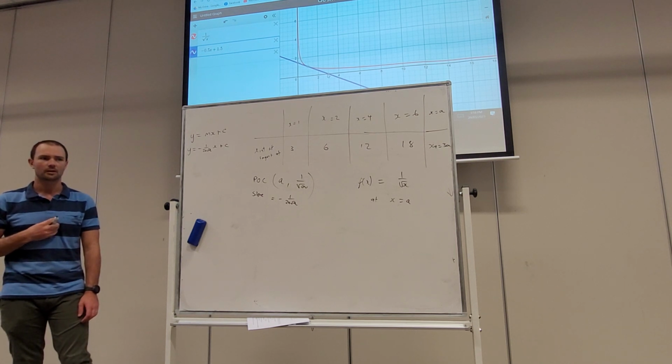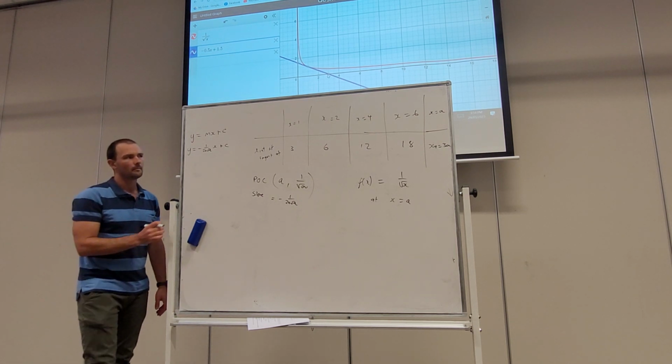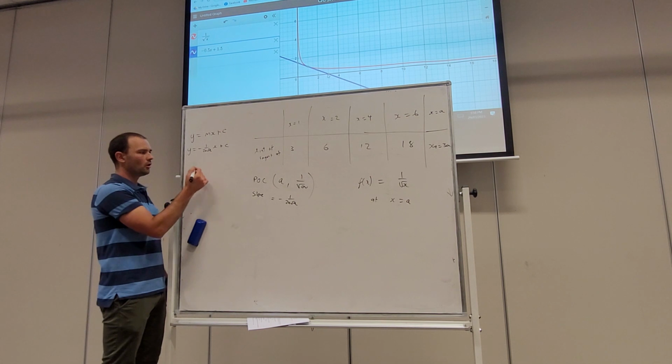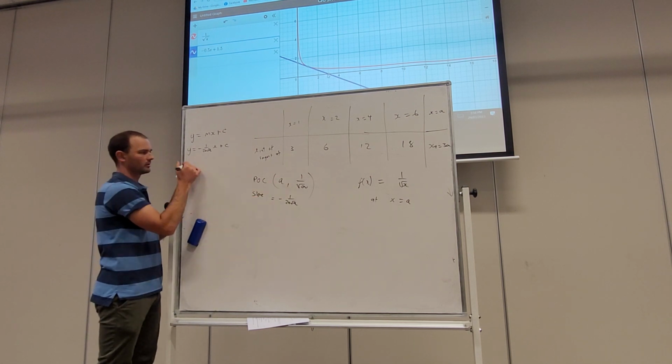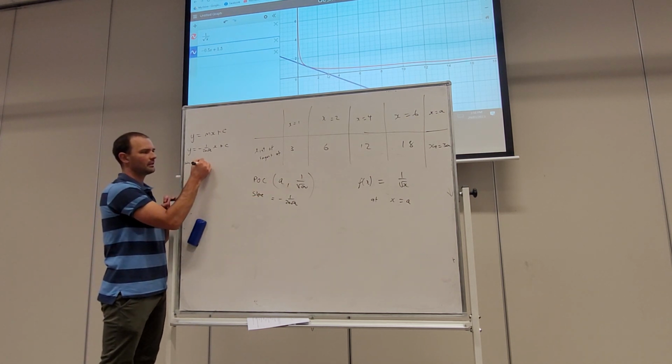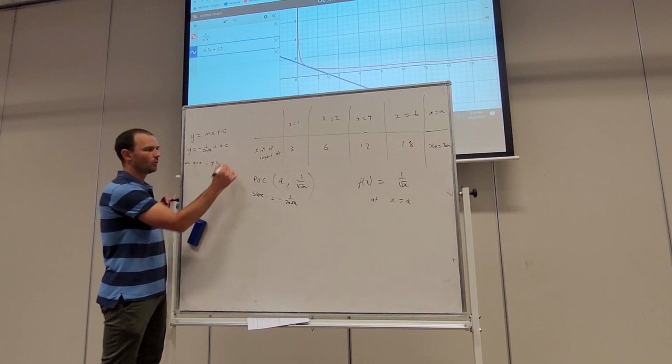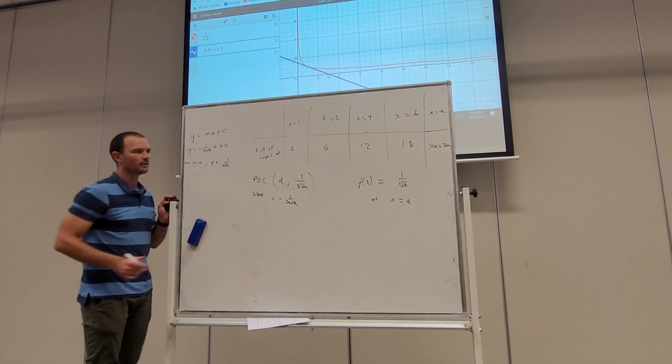So that's the equation of the tangent with the slope in, and we know it passes through this point: when x equals a, y equals 1 on top of the square root of a.